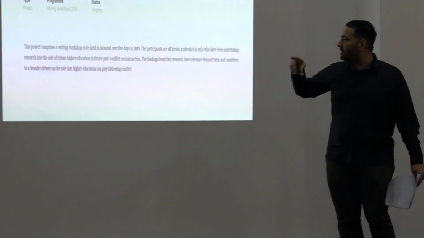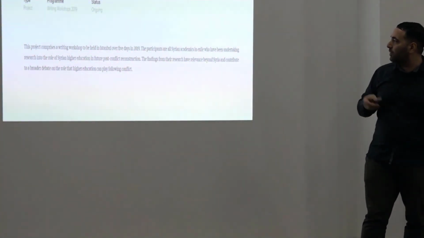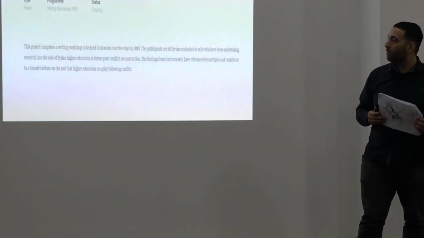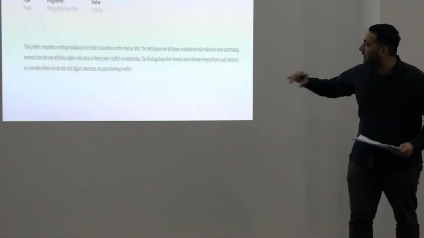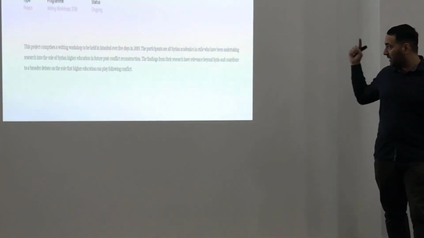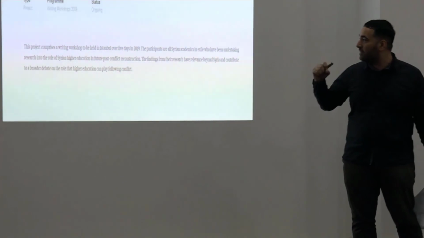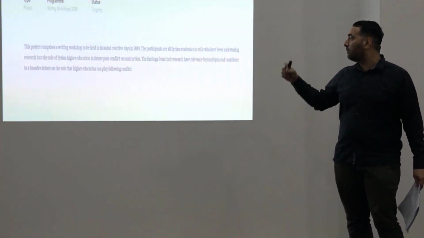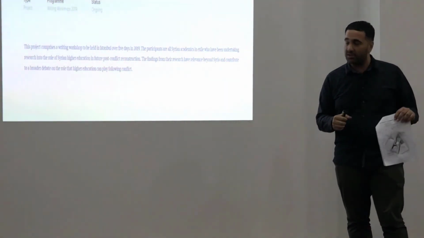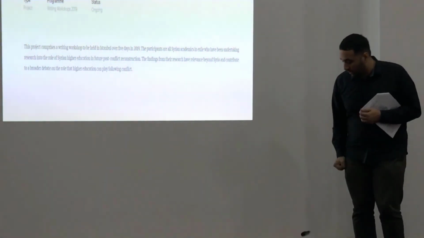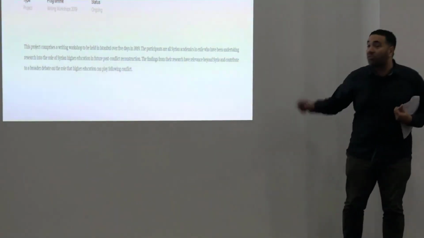This project comprises a writing workshop to be held in Istanbul for five days in 2019. The participants are all Syrian academics in exile who have been undertaking research into the role of Syrian higher education and future post-conflict reconstruction. So again, positioning themselves in relation to the grant.